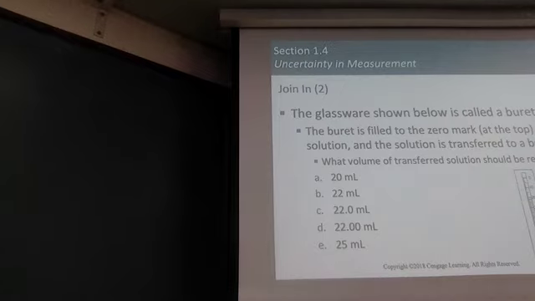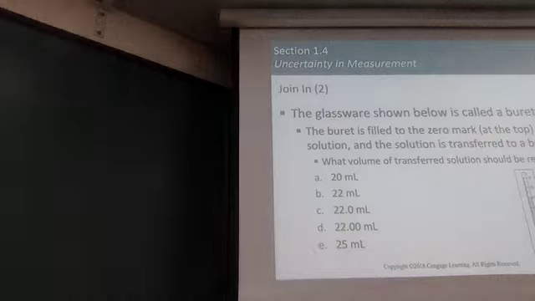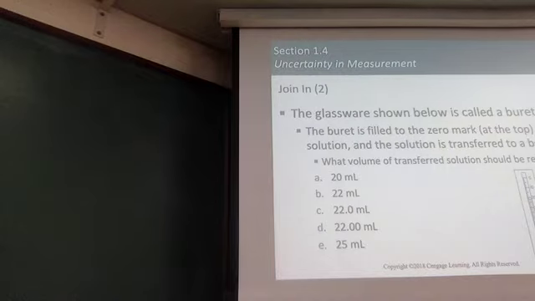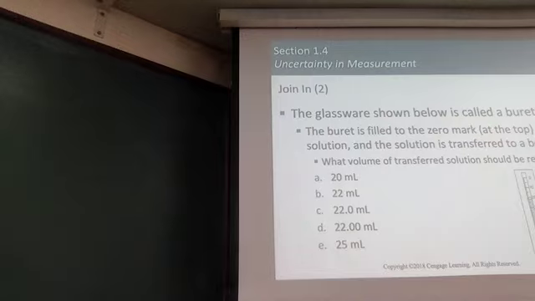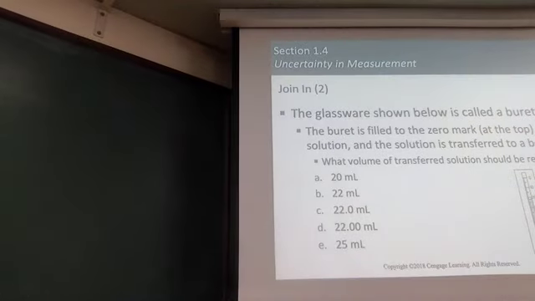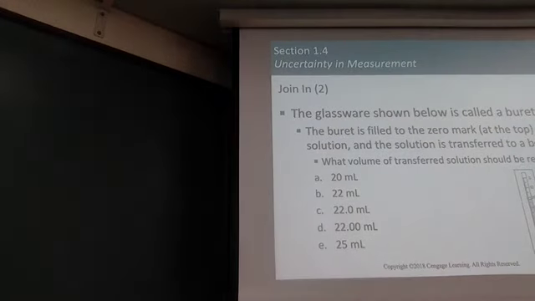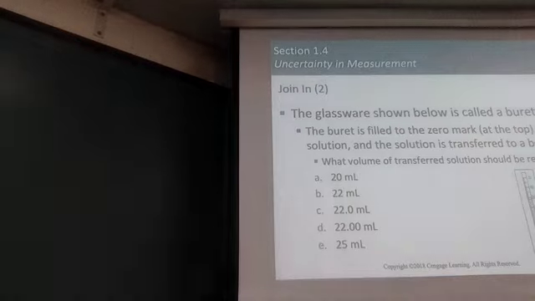What volume of the solution should be reported? 20 milliliter, 22 milliliter, 22.0 milliliter, 22.00 milliliter, or 25 milliliter. You can read this here, right? How much this is. This is white liquid. So what would you report for this?